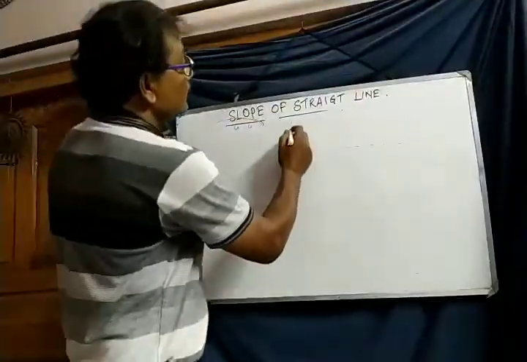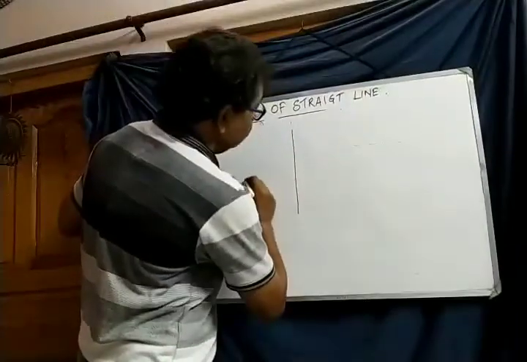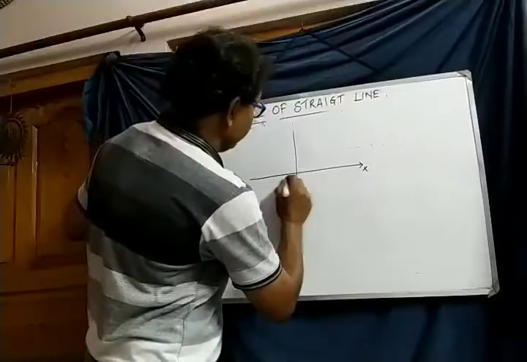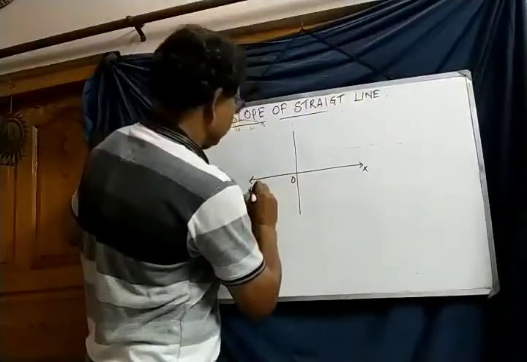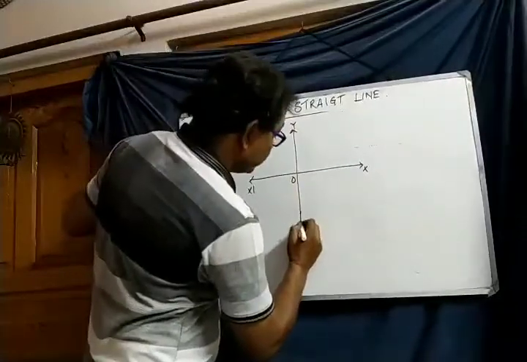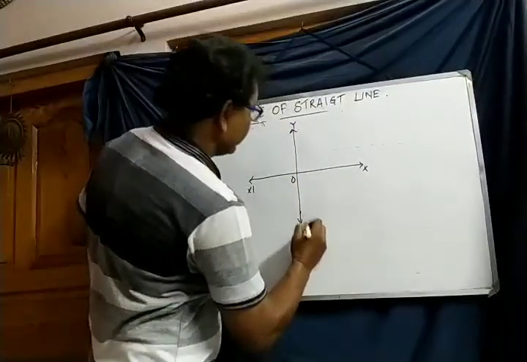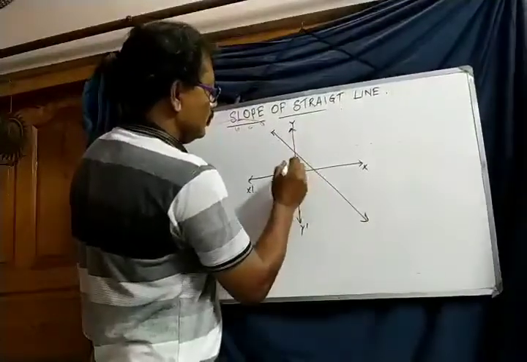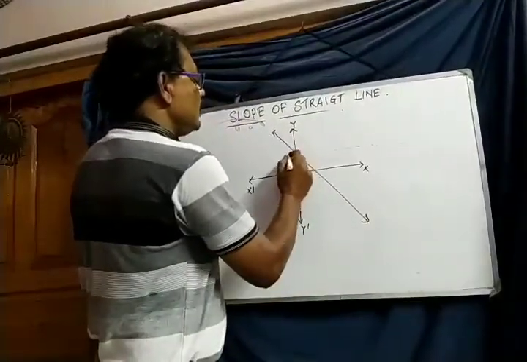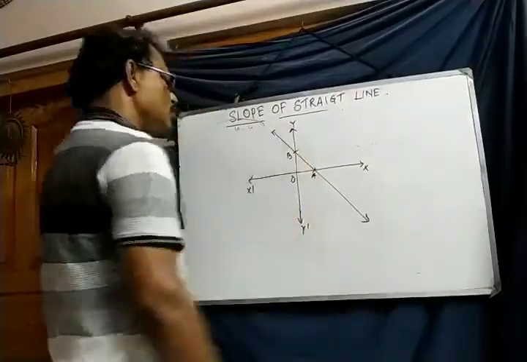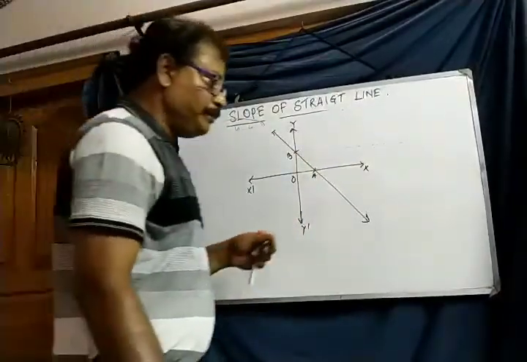Look at the figure. This is a Cartesian system of axes, and there is a straight line which intersects x-axis at A and y-axis at B. So the straight line is AB.